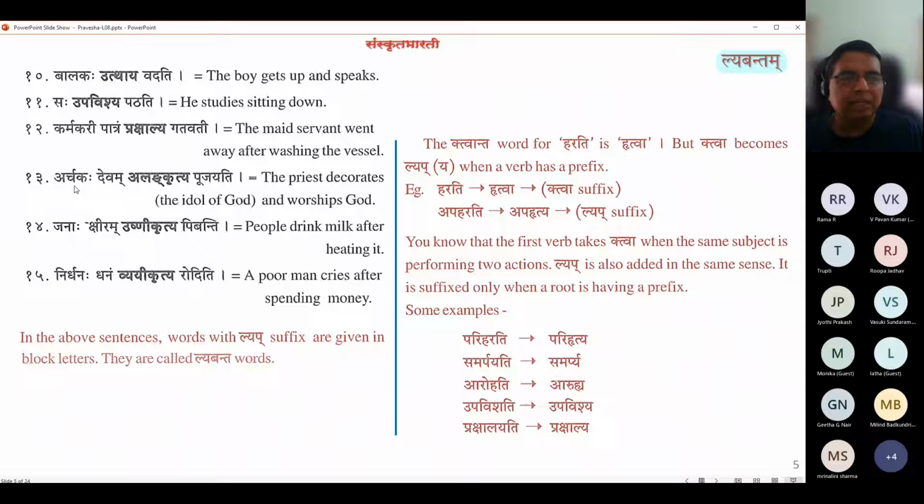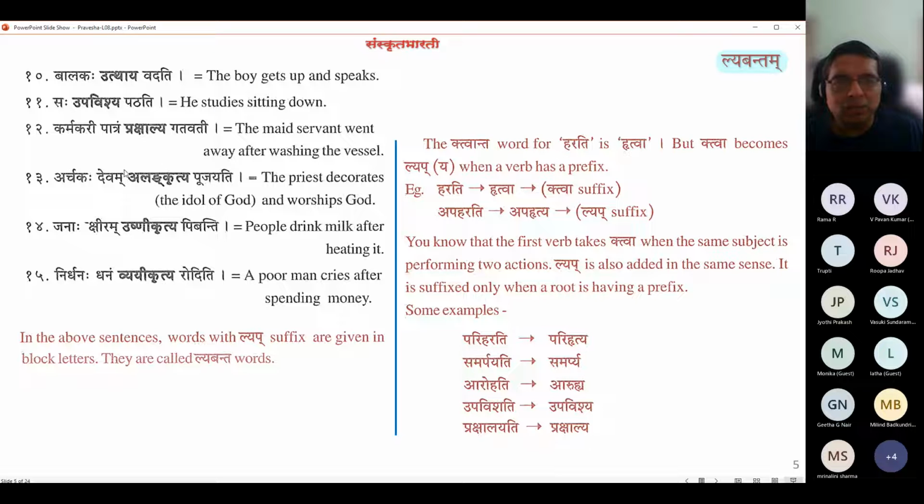Then archakah devam alankritya. See, kritva is the original tvanta version of the dhatu, but kritva changes to kritya. Here alam has been added to kru dhatu in the place of an upasarga. So this is very important to see. Not just the 22 upasarga list mandates the lyabanta.